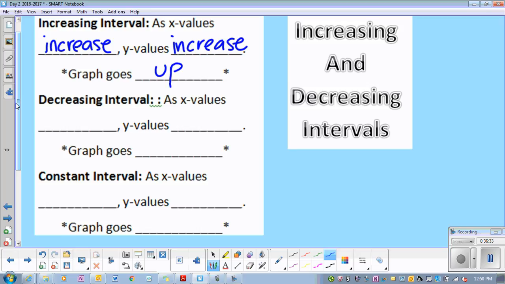The decreasing interval is saying that for a piece of your graph, as your x values increase, meaning you're going from the left to the right, then your y values are getting smaller, they're decreasing. It's a very technical term for saying that your graph is just going down.